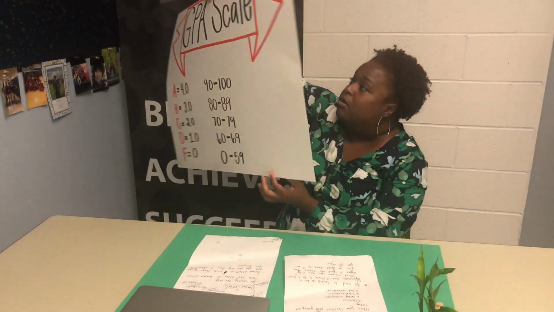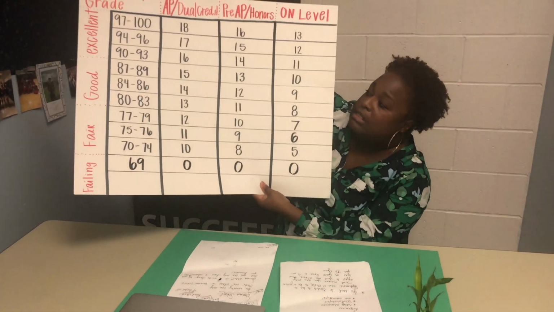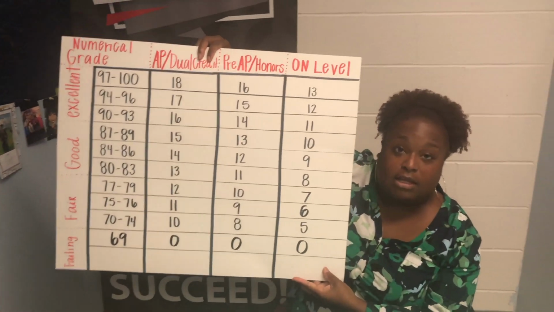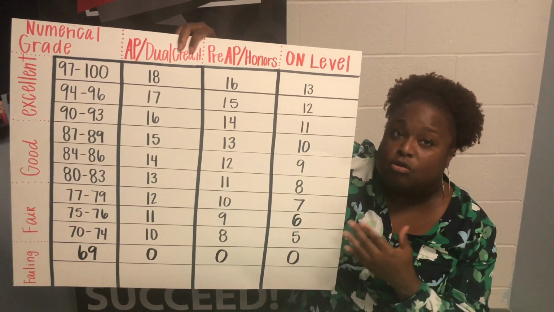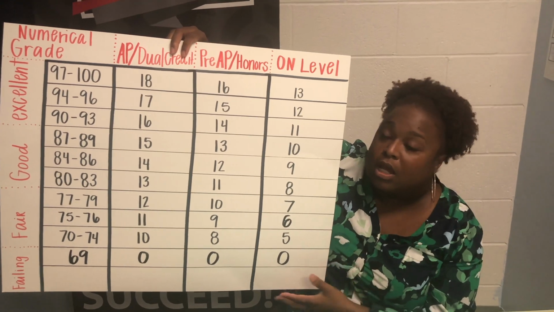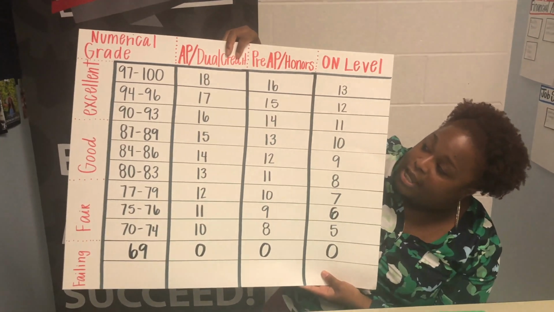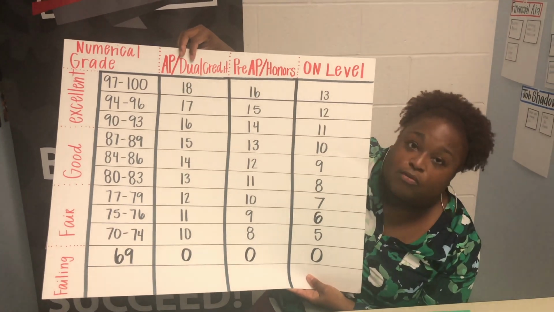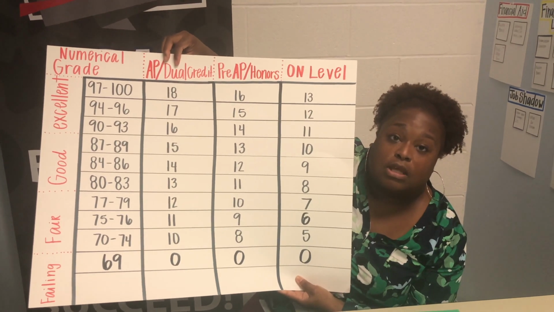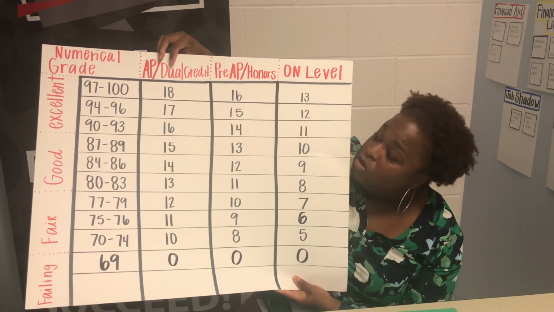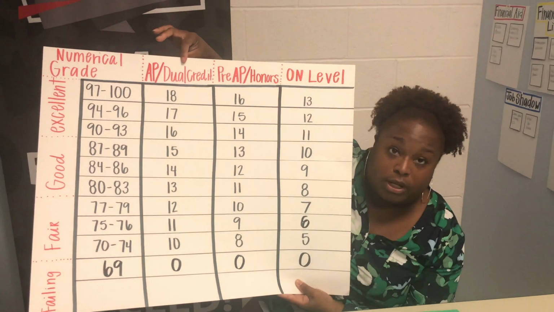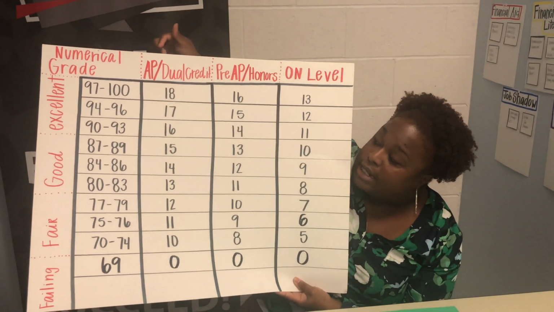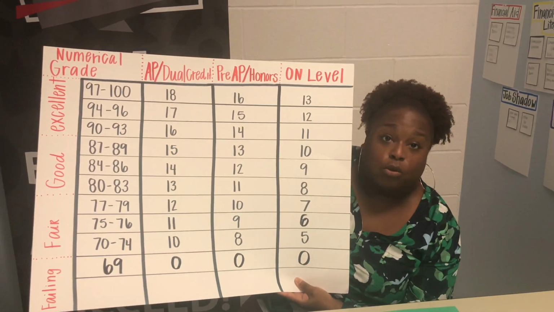Okay? Now, if you look at over here, this is more in line with what KISD does. This is closer to their 16.0 scale. And what you will notice here is that there are different grade points associated with the rigorous classes. So for an AP or dual credit class, if you get between a 97 and 100, you're going to get 18 grade points.